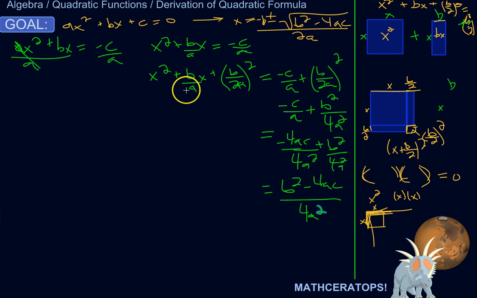Okay, now let's go back to dealing with this side. Now that we've completed the square, we can factor this, and the factors would be x plus b over 2a times x plus b over 2a, which we could rewrite as x plus b over 2a, squared, as its factored form.